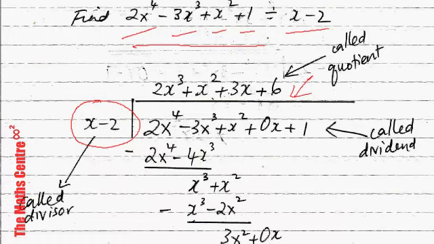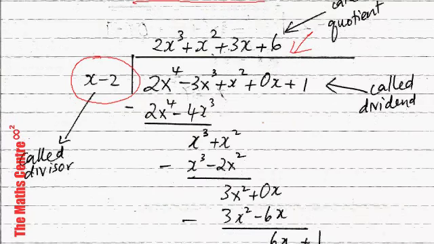And let's go ahead and perform the long division. So once you've arranged this in this box-like form, take 2x to the power of 4 divided by x, you will get 2x cubed. Then take this 2x cubed, multiply by x, you will get 2x to the power of 4. Take this 2x cubed, multiply by minus 2, you will get minus 4x cubed.